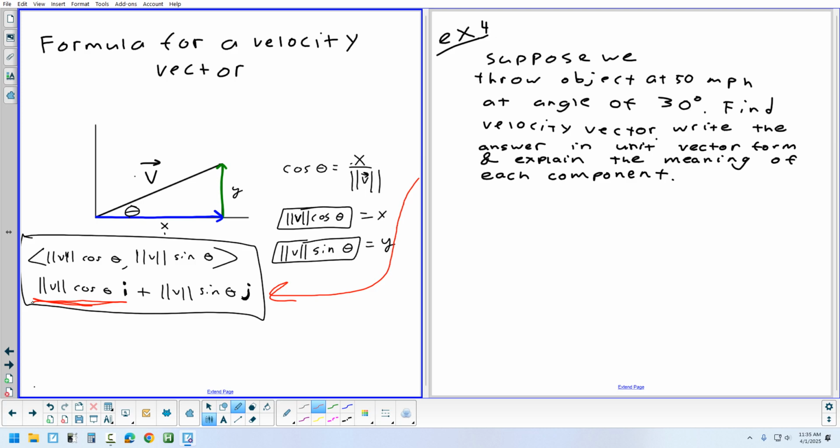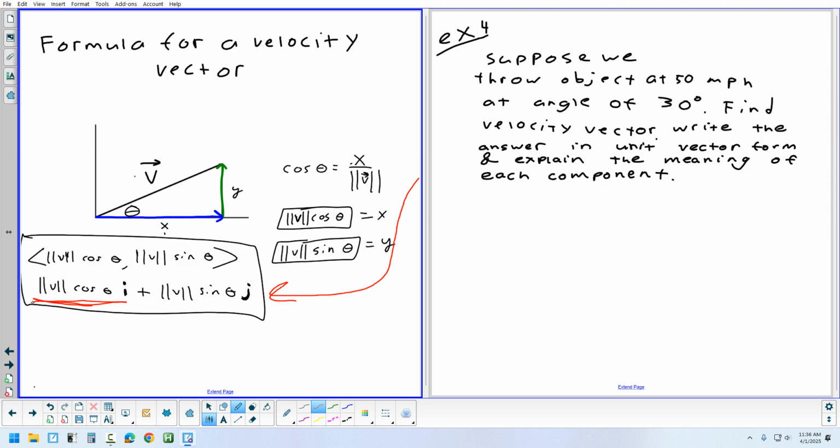Yeah, the magnitude of v. So that's the length of the vector, which is what in this problem? When you draw a velocity vector, what does its length mean? It's the what? The speed, yep.